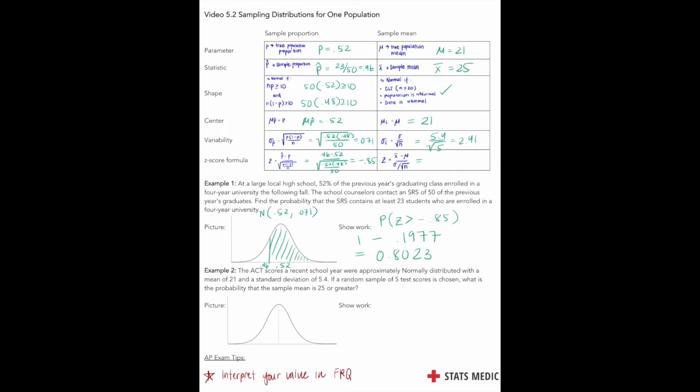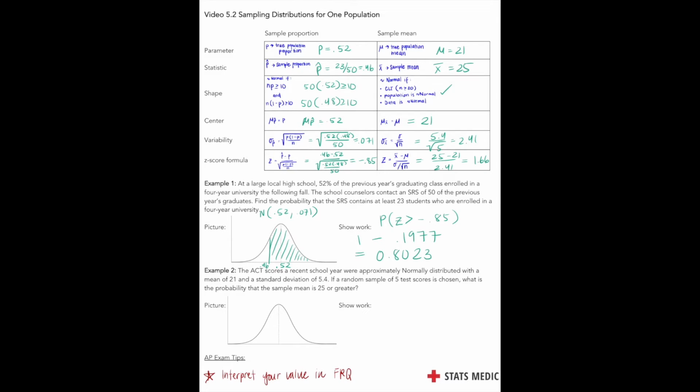And then in terms of the z-score, I'm going to plug in 25 minus 21 over 2.41, which is going to give me 1.66. So in terms of showing work, I'm looking for anything that is 25 or greater.